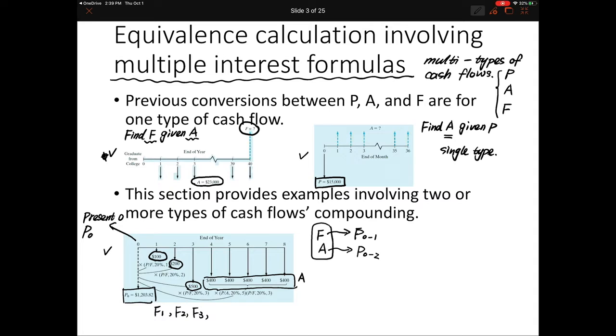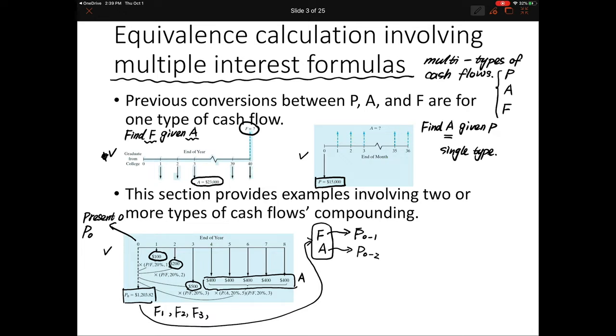Okay, so in the end, if we want to know the total present value converted from the future values and the annuity values, then we need to know that it is from two parts. One part is from the future values, F1, F2, F3. The other part is from the annuity values, the 400, beginning from the end of the 4th year and continuing until the end of the 8th year.